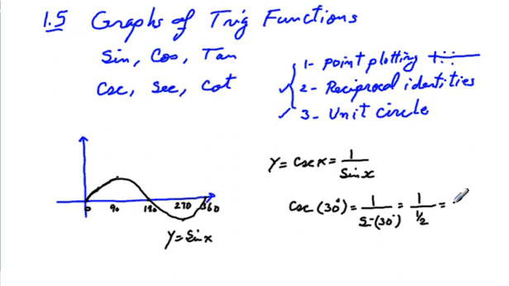What's the reciprocal of 1/2? 2. So if this is 30, this is 1/2. The corresponding picture for cosecant wants me to stand up at 2. Remember, this is 1, so 2 will be somewhere here.